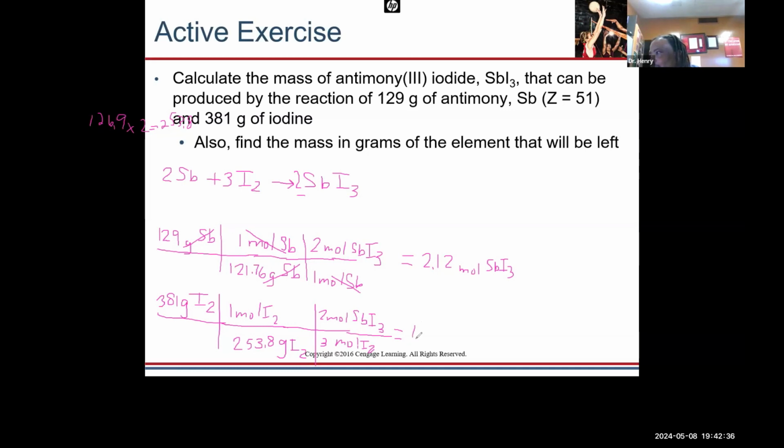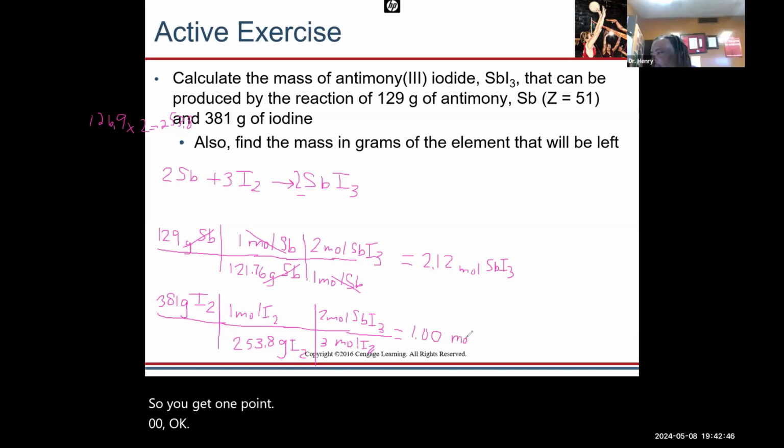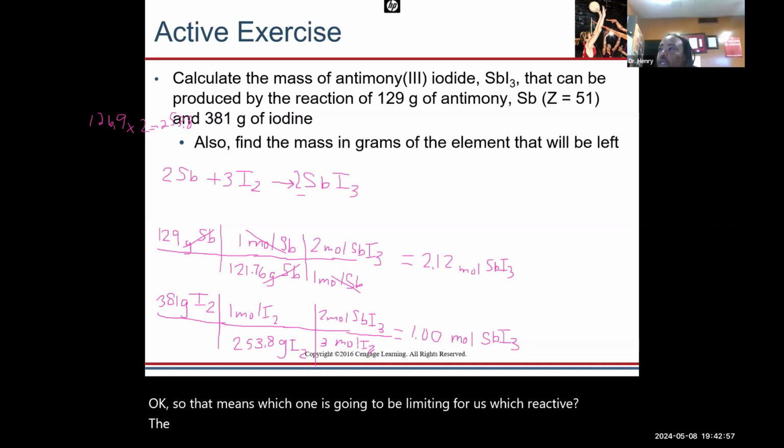So you get 1.00 moles. Okay. So that means which one is going to be limiting for us? Which reactant? The iodine. Okay. So we're going to label it as limiting.